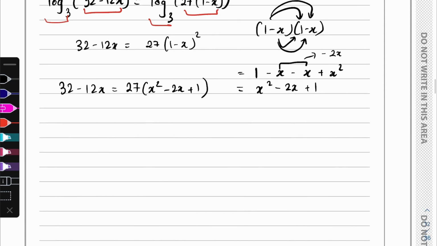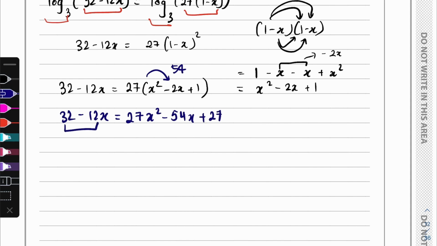So now we have to multiply everything by 27. So 32 minus 12x equals 27x squared minus, 27 times 2 is 54, 54x, plus 27. Now let's bring all these terms to this side.